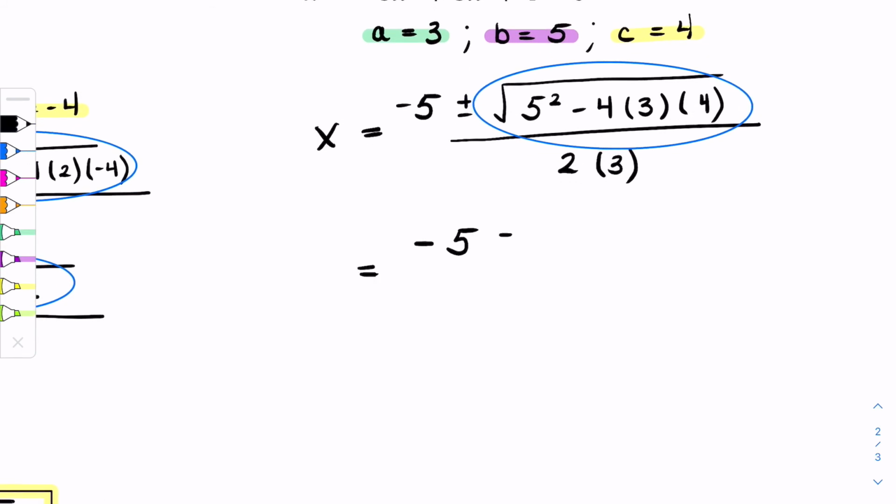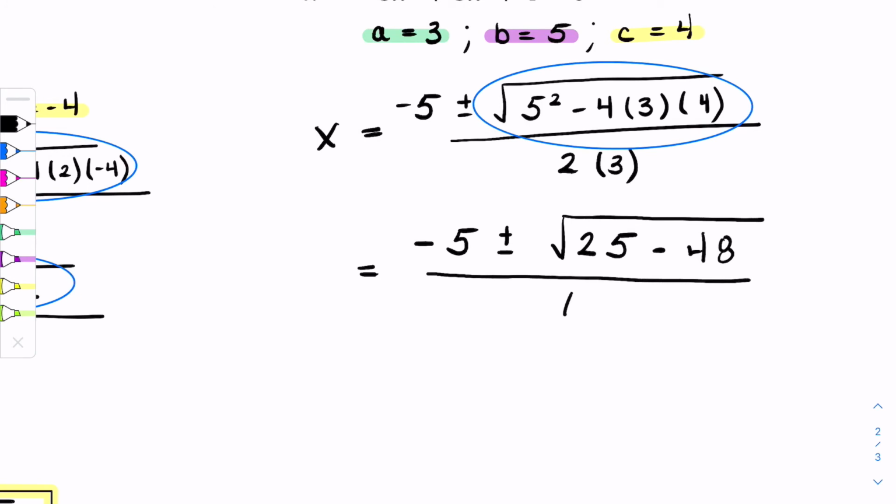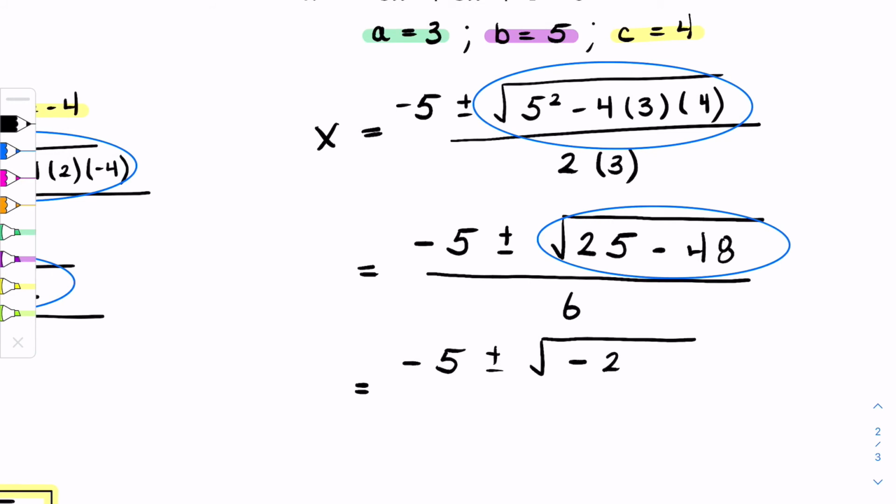-5 plus or minus the square root of 25 minus 4 times 3, which is -12, times 4, which is -48. All divided by 2 times 3, which is 6. -5 plus or minus the square root. 25 minus 48 is going to be -23 divided by 6.